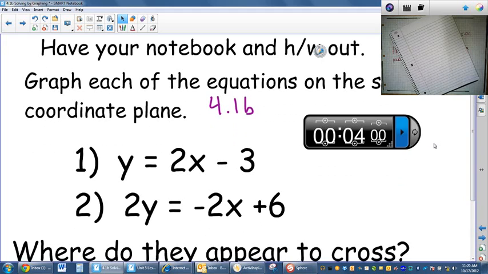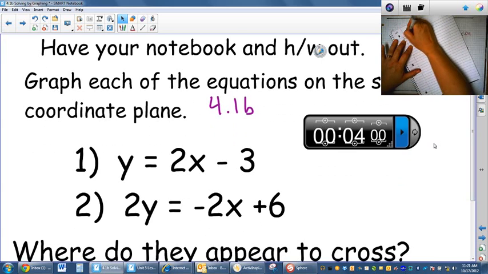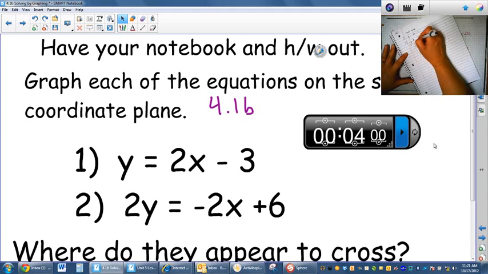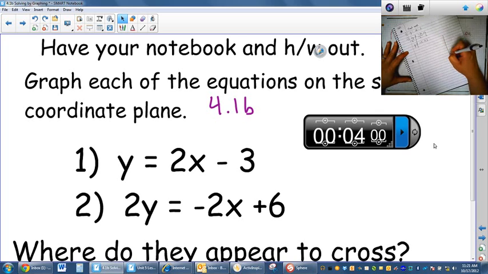And number 2, I'd like you to copy down 1 and 2. Okay, today is 4.1.